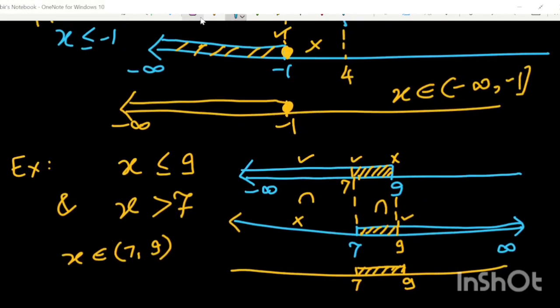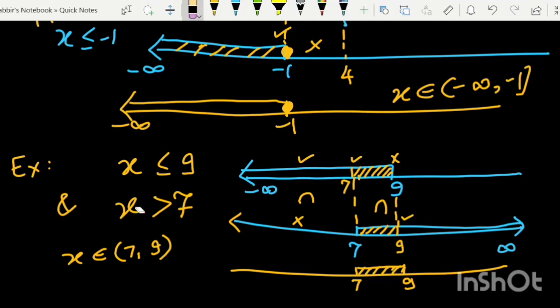Now let's say if we have to find or, the question is like this guys. So in this example we have to find x less than or equal to 9 or x greater than or equal to 7. Okay guys, this also I will rub.